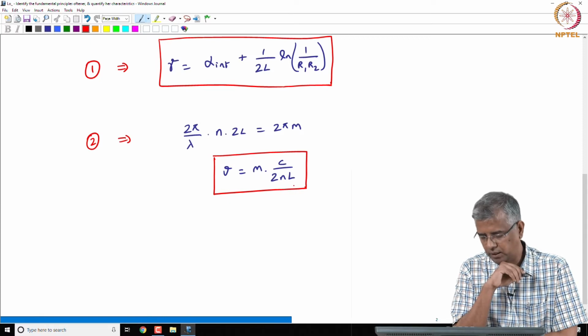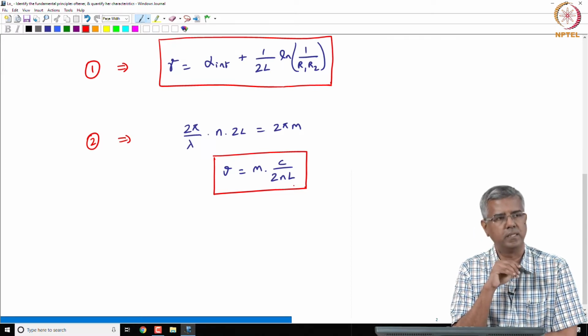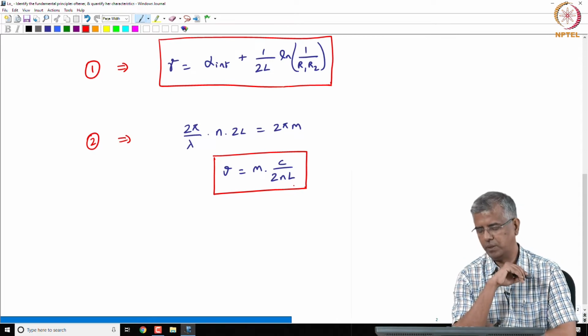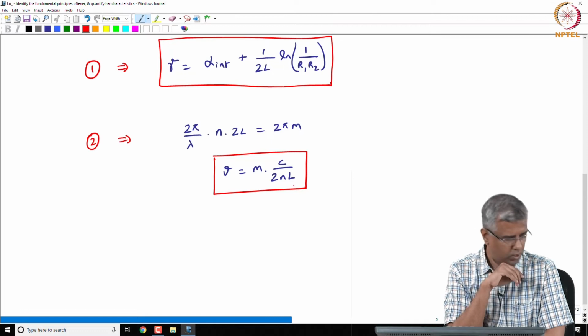Okay. So, there are certain frequencies which are given by m into c over 2nL, where m is an integer, right.